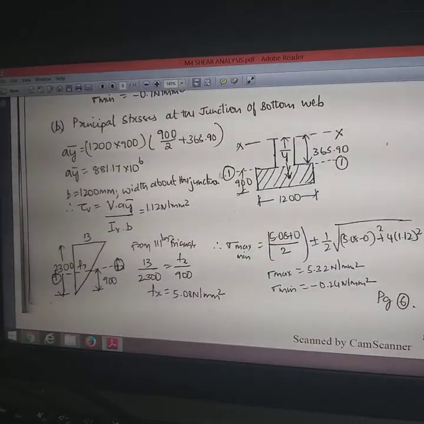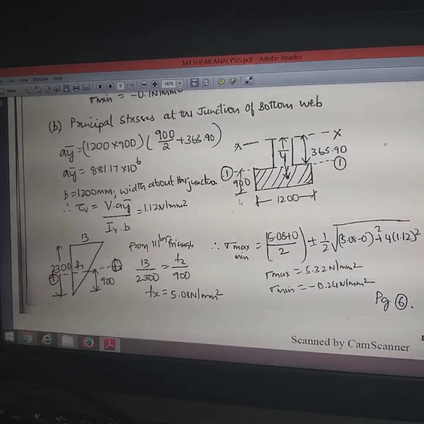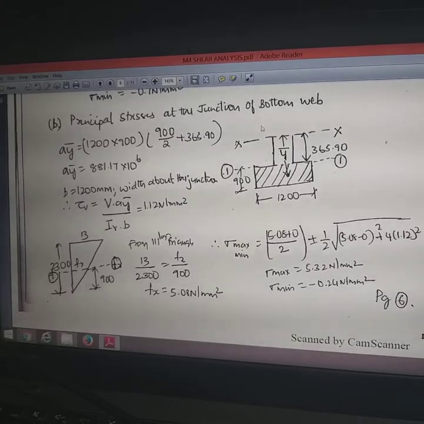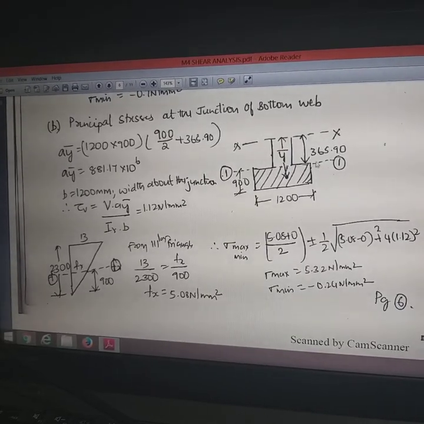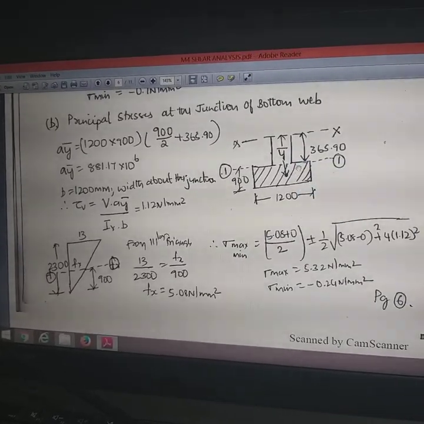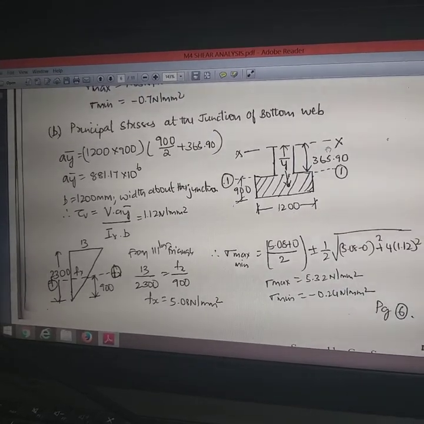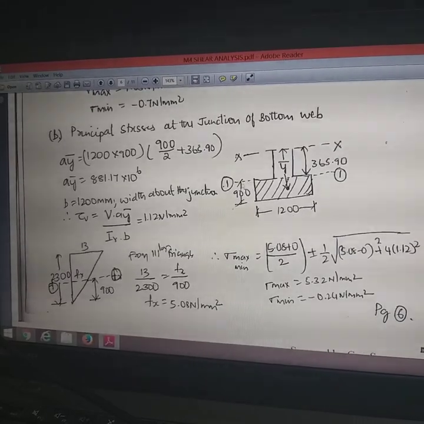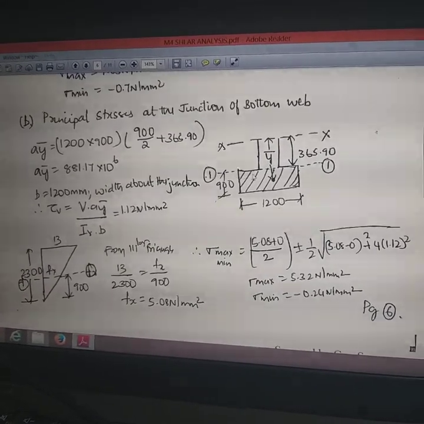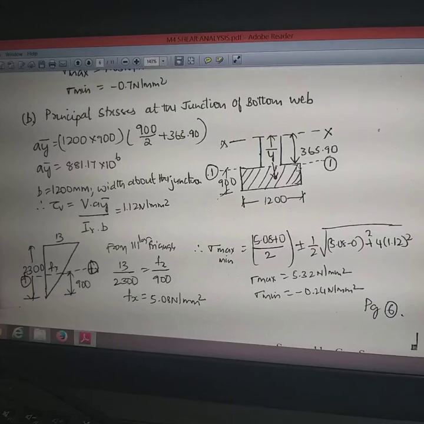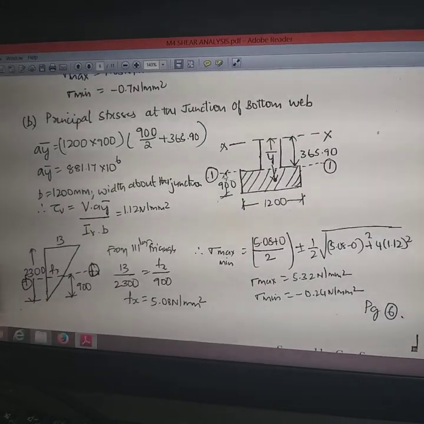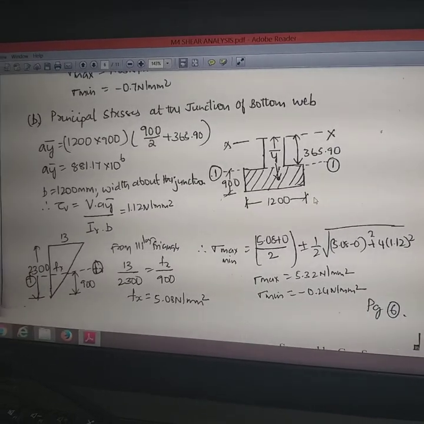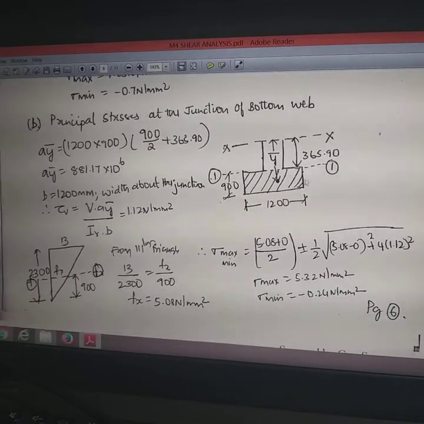The second case is that you are supposed to find out the principal stresses at the junction of the web and the bottom flange. So this is your junction of the web, where I have written this axis. You are supposed to find out the fx value here. Before that, you have to find out the first moment of area at this junction.